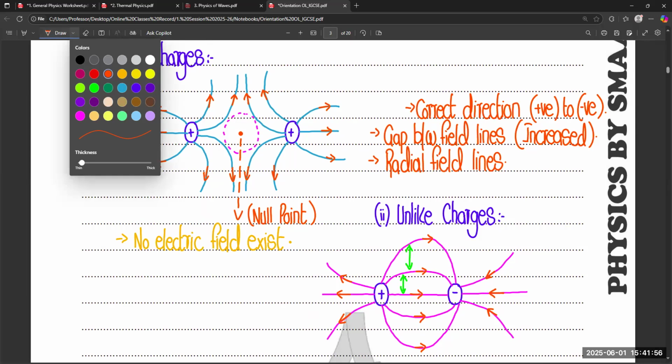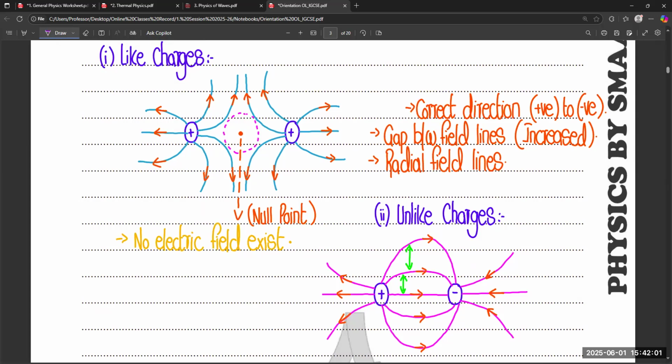In the sense, we have to remember the gap between the field lines, and the idea of the gap is, for example, if we have less gap, what happens? And if we have a large gap, what happens? So these are two questions. If there's a less gap, that means the force of attraction is more, and if it's a bigger gap, then the force of attraction is decreasing and becoming less. Right. So if there is a less gap, it means the field is strong.